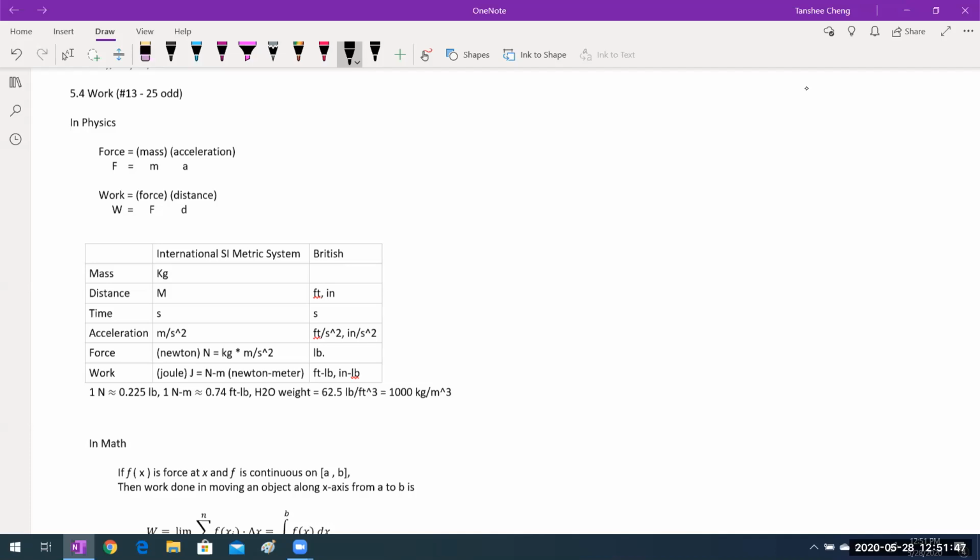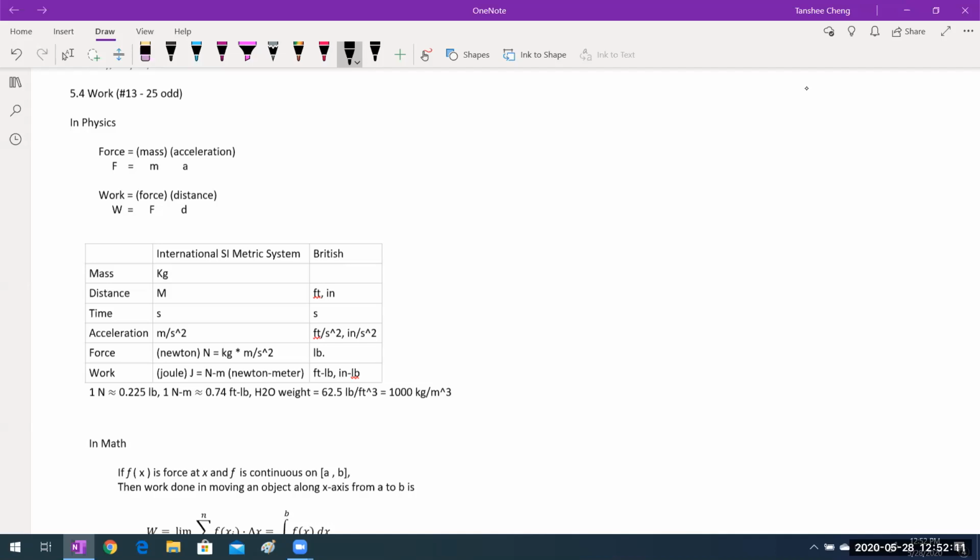Okay, so the very first formula that you're going to learn in physics is F equals ma, which is force equals mass times acceleration. That's the formula for the force. And the work is basically how much energy is required for you to move the object from one place to another.